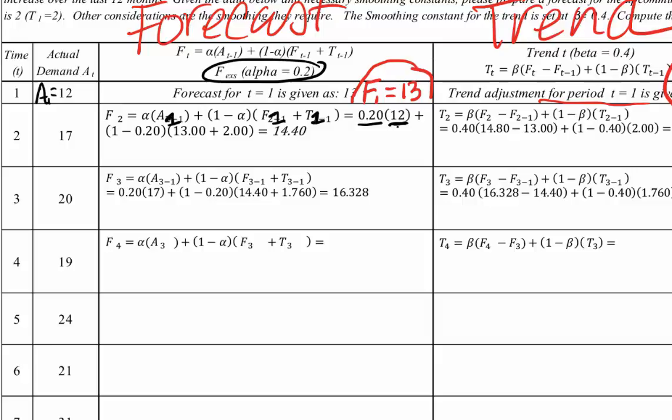So 13 came from right here. And 2 is T of 1, which is right over here, which we had pointed out before. So you add all those together and you get this 14.4. That 14.4 is now F of 2 is equal to 14.40.